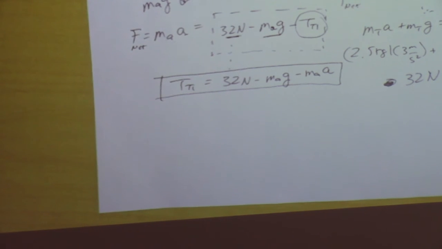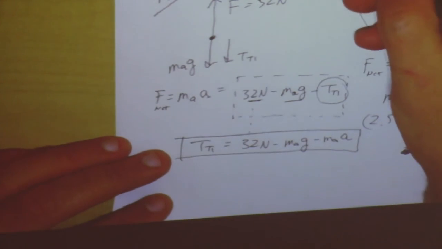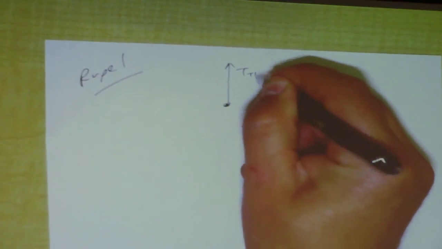The tension at the bottom of rope 1. So it's the same idea. Let's do the free body diagram for rope 1. So this is for rope 1. So you've got the tension at the top of 1. That's really what's pulling the rope up.